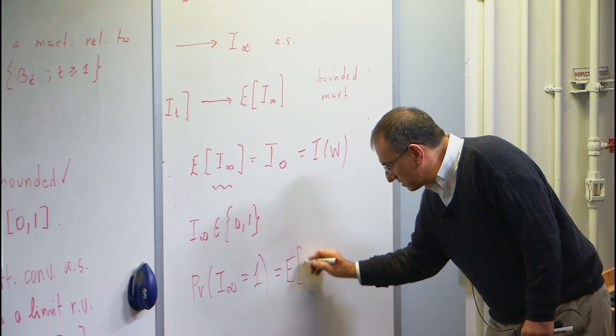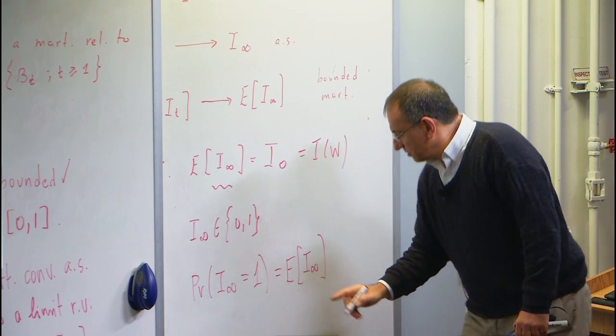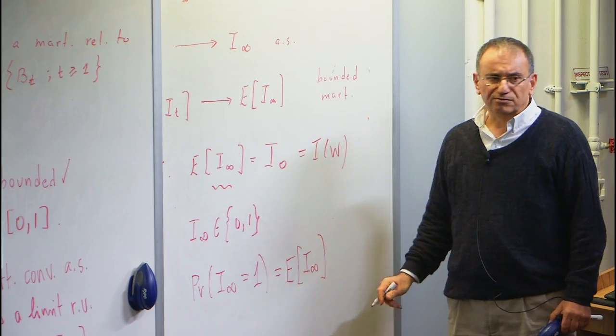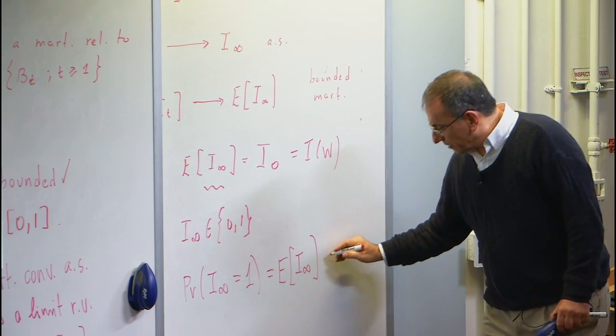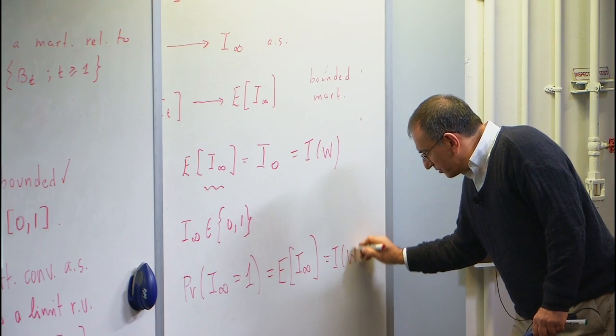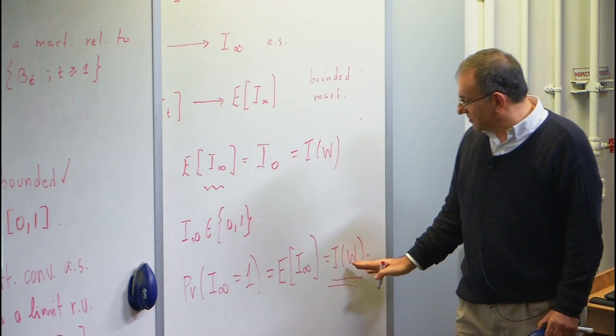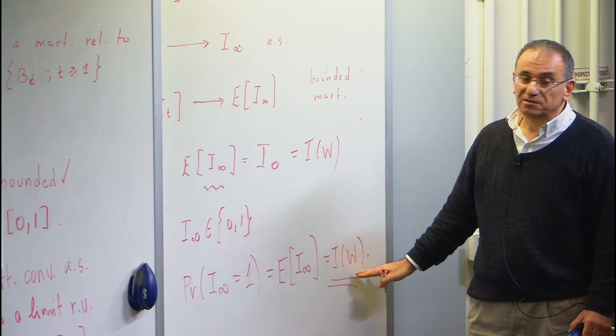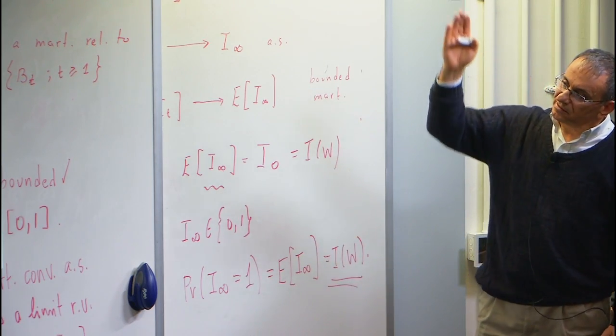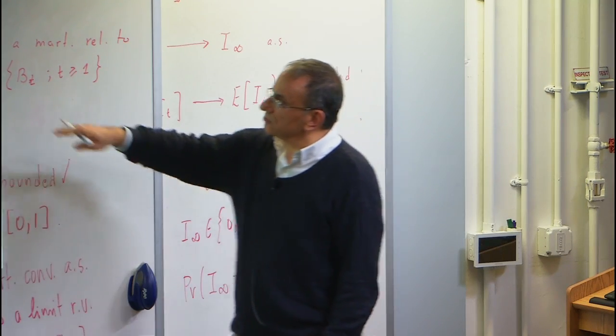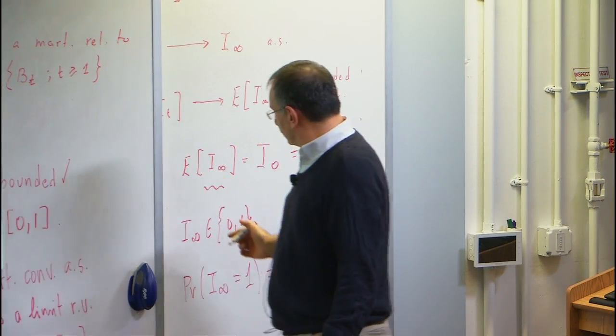Because it is 0,1 valued, it's equal to the expectation of I_infinity, which is equal to I(W). So we have exactly the same fraction as the original capacity going to the upper limit. It is not surprising, of course.